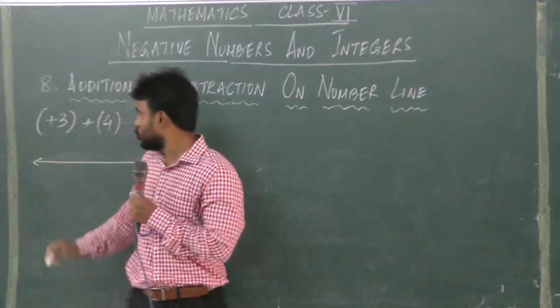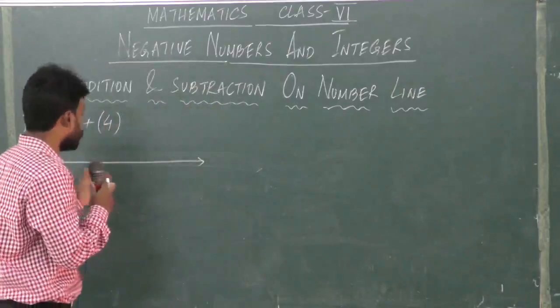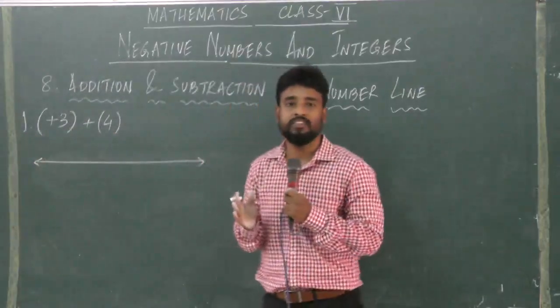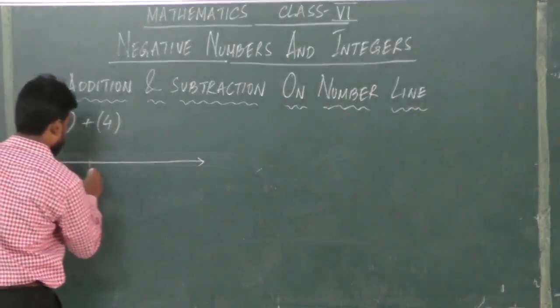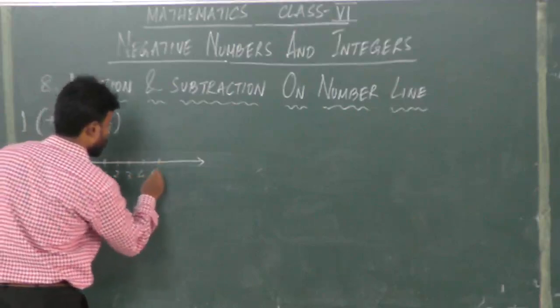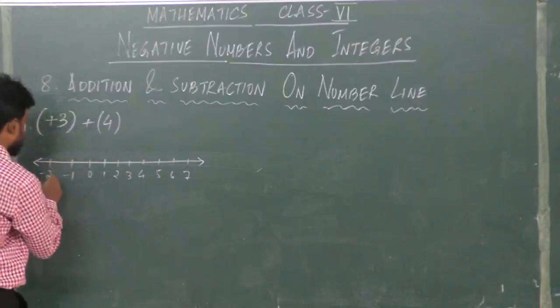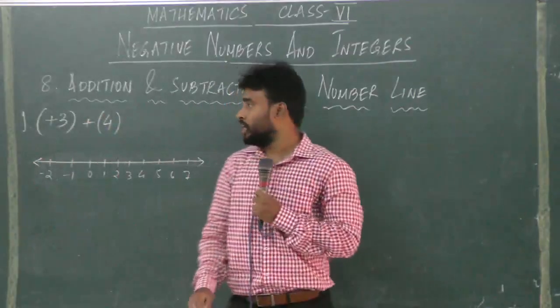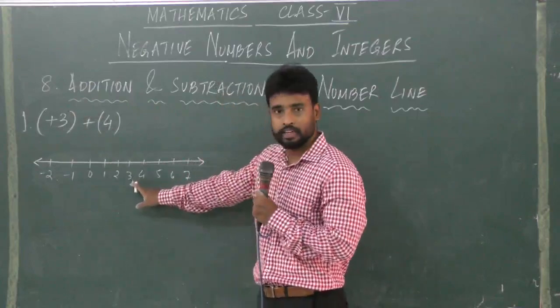We are taking the first rule of addition. In that case, we have seen that when we want to add a positive number, okay? So we'll draw this. So here we want to add 4 to 3, so we'll start from 3.